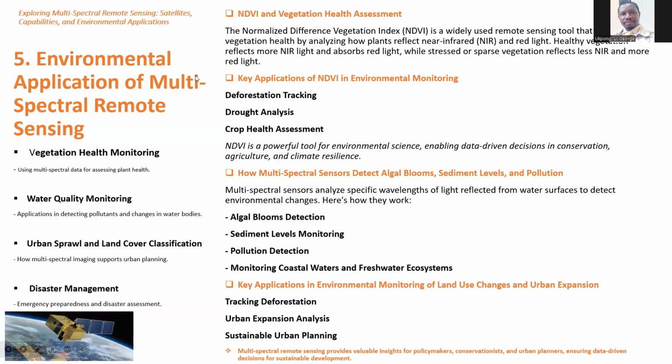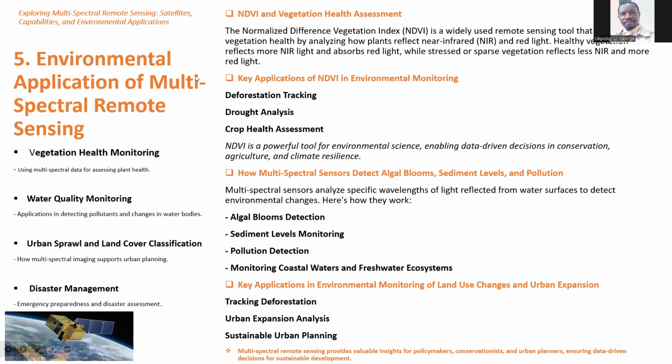The NDVI, the normalized difference vegetation index, is a widely used remote sensing tool, and this helps to assess vegetation health by analyzing how plants reflect near infrared and red lights.